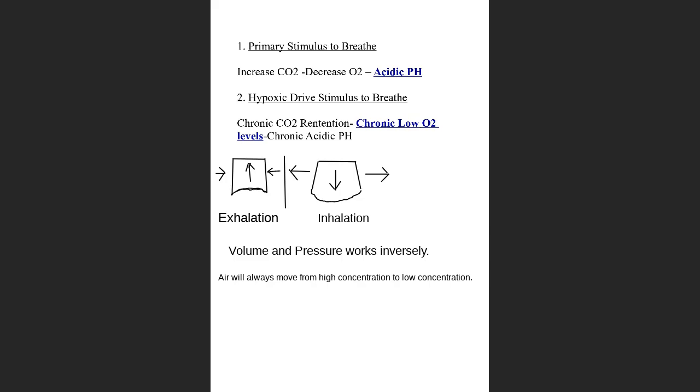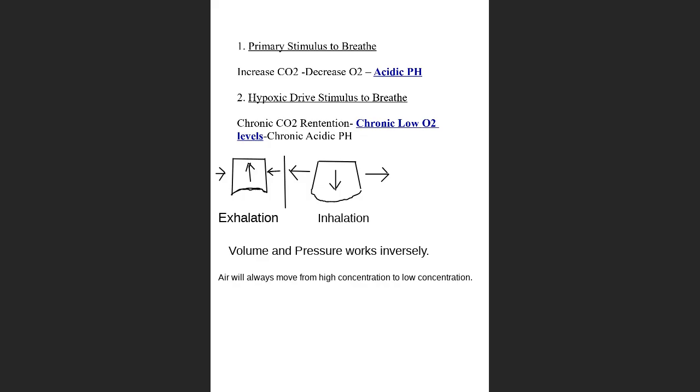So there's a negative pressure created inside the lungs at that point. And then the air outside the body will move from where there is a high concentration to low concentration to fill the space inside the cavity.